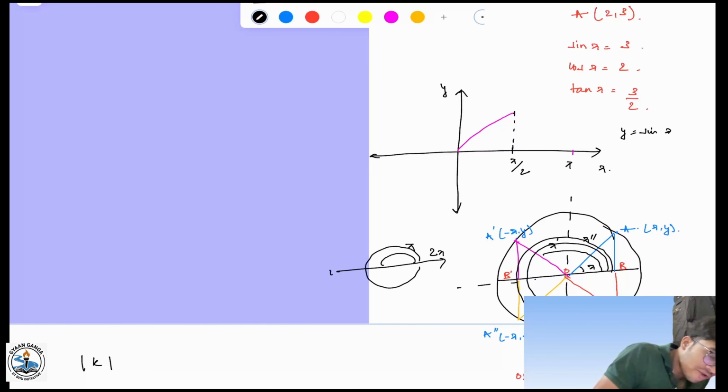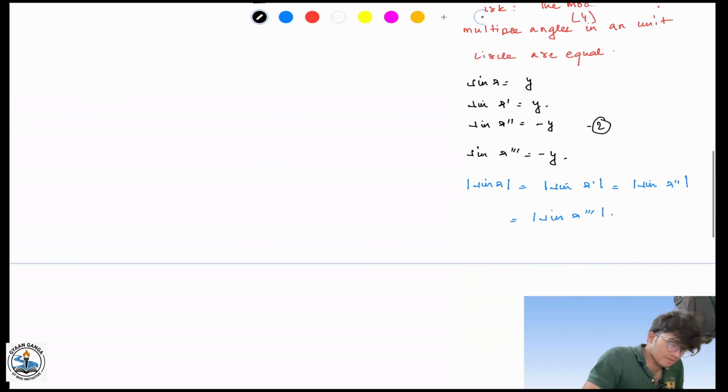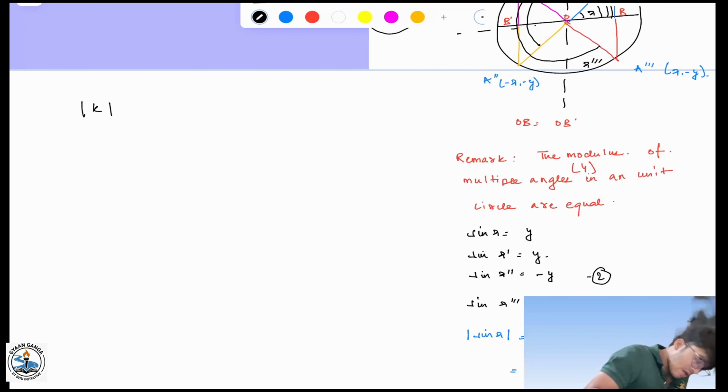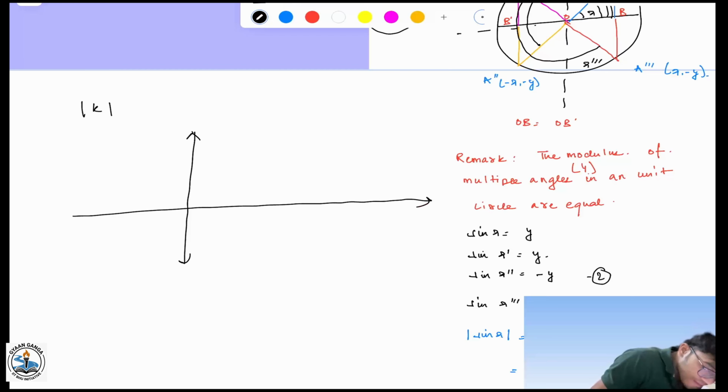So I can draw now the curve. Okay, I'll just draw it here. I can extend the sine function all the way to 2 pi. So you have pi by 2. This is the first quadrant.